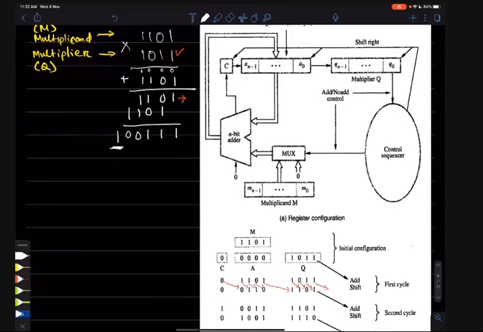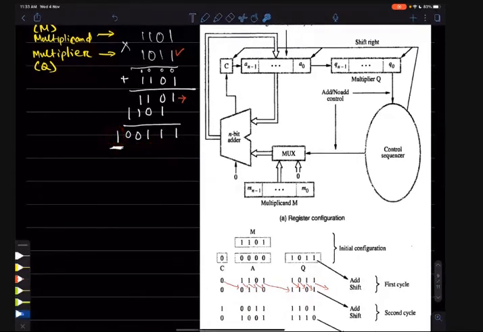So whenever we add the multiplicand with the accumulator, the current accumulator content is this one, 0110. M will never change, M is the same, 1101. So 1101 plus 0110 will give us this result, 0011 with a carry.